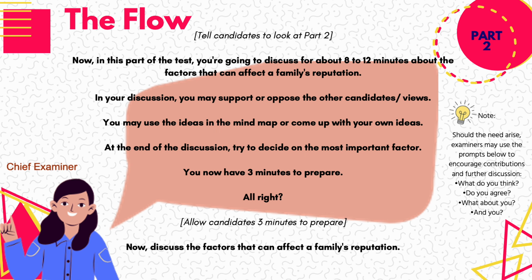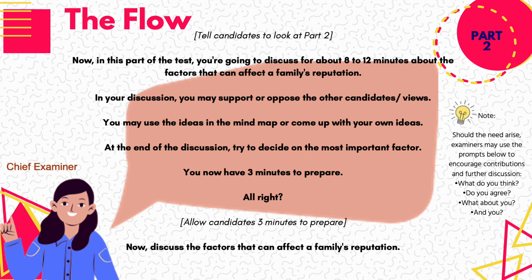During part 2 group discussion, the examiner will first explain to you the instructions. The examiner will say something like, "Now, in this part of the task, you're going to discuss for about 8 to 12 minutes about the factors that can affect a family's reputation. In your discussion, you may support or oppose the other candidates. You may use the ideas in the mind map or come up with your own ideas. At the end of the discussion, try to decide on the most important factor.